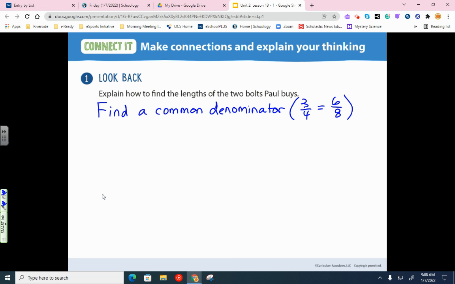And the next step is then you can add and subtract 1/8. And that gave us our final answers of 5/8 and 7/8. So it's pretty simple with that.